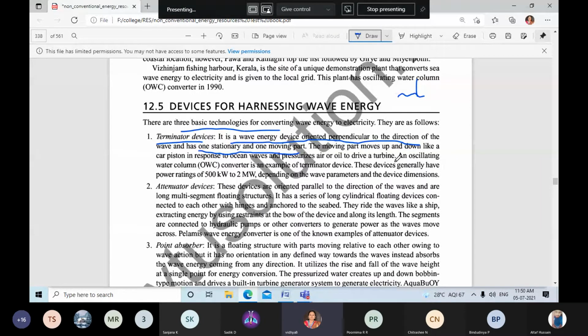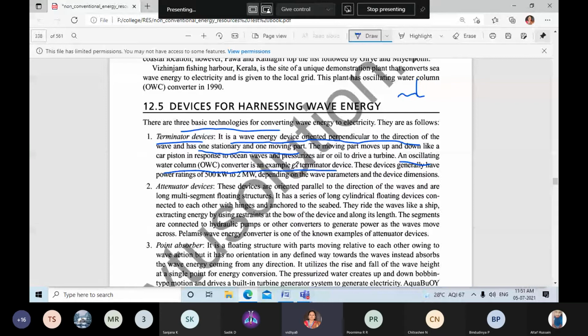It will move up and down in response to ocean waves, and when it pressurizes air or oil, it gives pressure to the turbine to rotate it. An oscillating water column converter is an example of a terminator device.